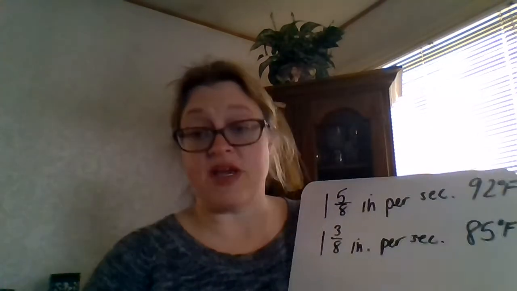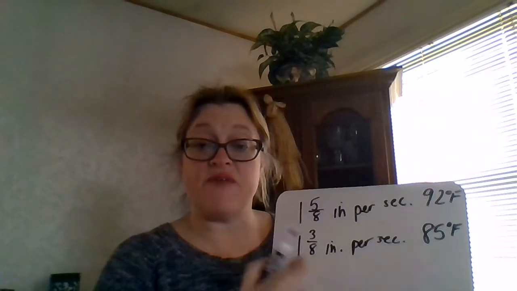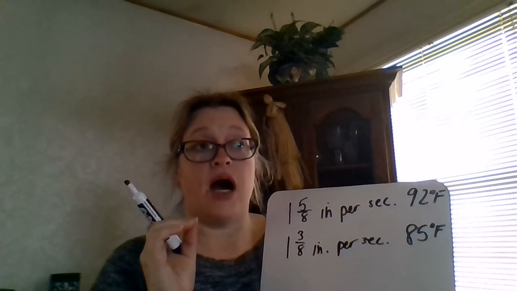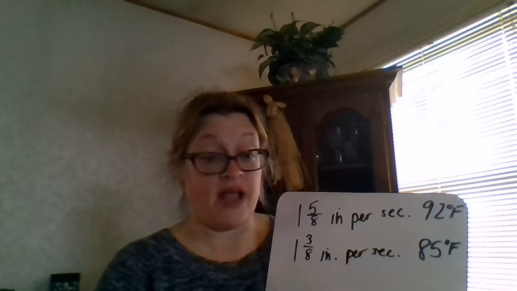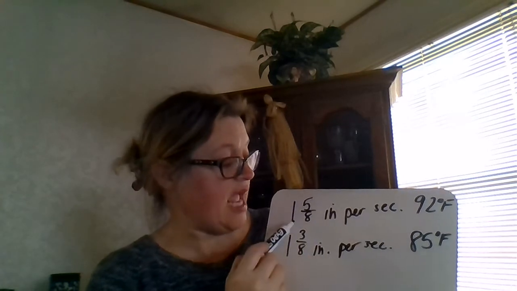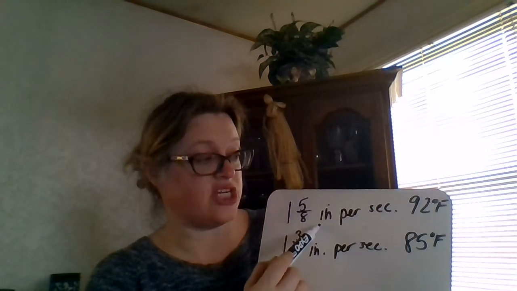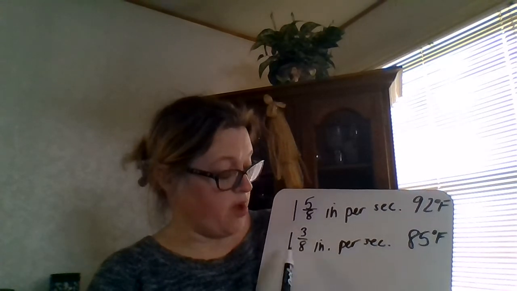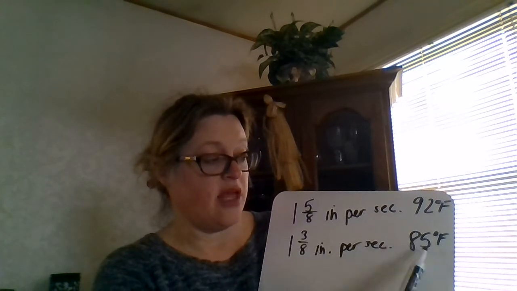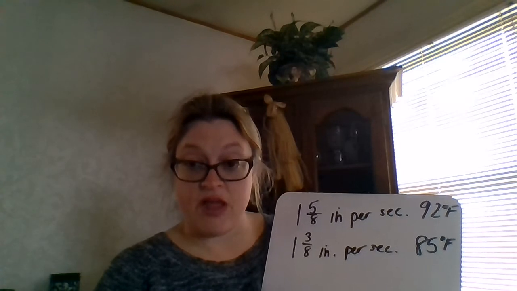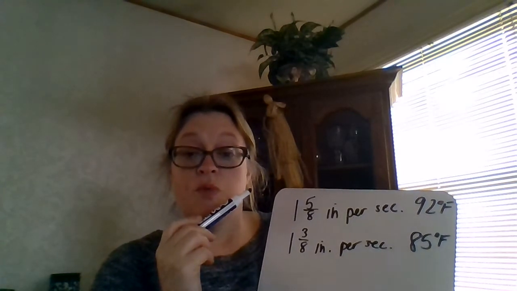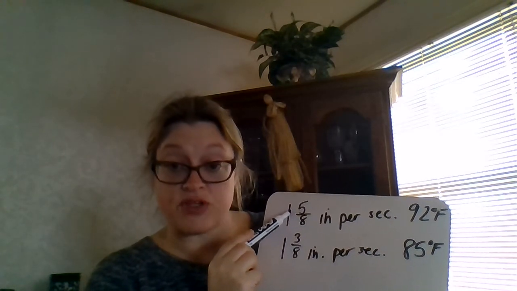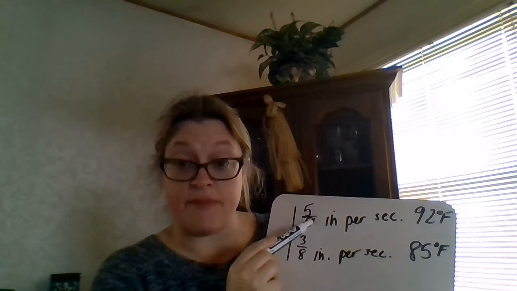So, when we conclude something, we have to look at all of the information that was given to us and see if we can find a relationship between it. Okay, so if we take a look here, the ant went 1 5/8 inches per second when it was 92 degrees Fahrenheit. He went 1 3/8 inches per second when it was 85 degrees Fahrenheit. So we know by looking at these two fractions that this one here, he went the furthest, right? 1 5/8 inches per second.